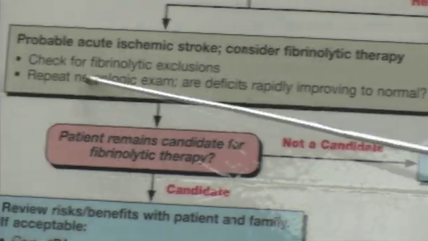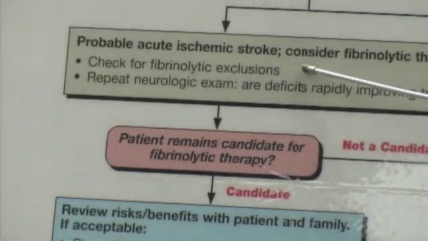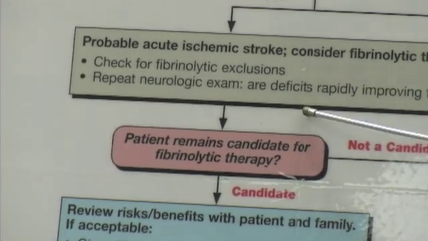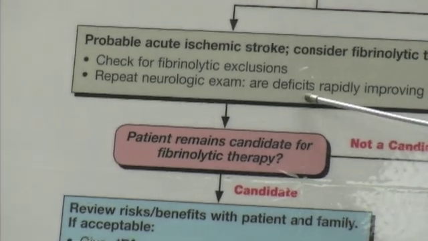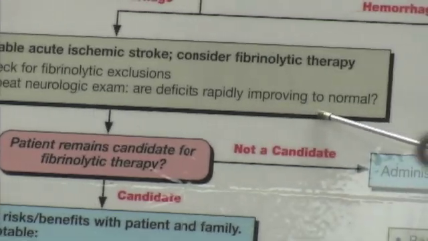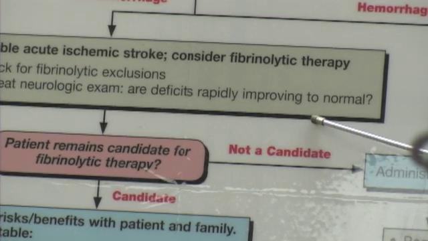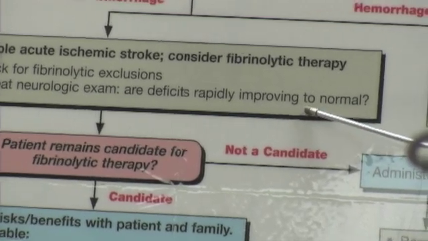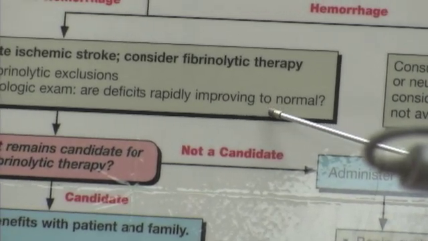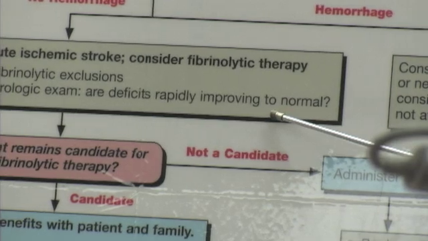So we need to go through our book, our checklist, inclusion, exclusion criteria, make sure our patient meets those, following our repeat neurologic exams. If our symptoms improve suddenly and go back to normal, then we would term this patient a TIA, or transient ischemic attack, and we would not give this patient fibrinolytic therapy.